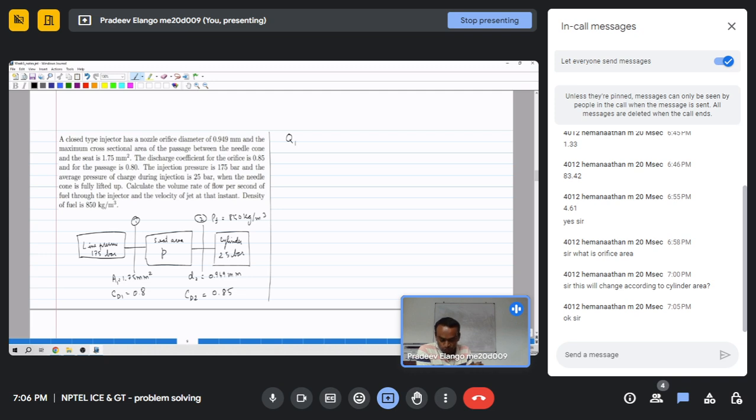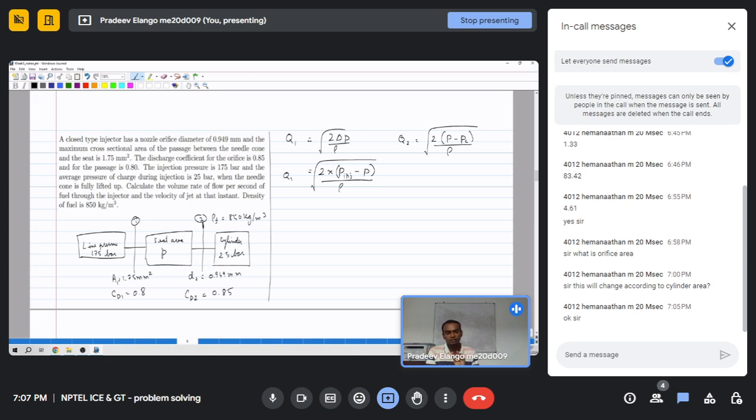So Q1, from the line pressure to the seat area, is root of 2 delta P by rho, that is 2 into P injection minus P, the pressure of the seat area, divided by density of fuel. This is Q1. Similarly, Q2 can be written as root of 2 into P minus P cylinder divided by rho. So that is this interface.